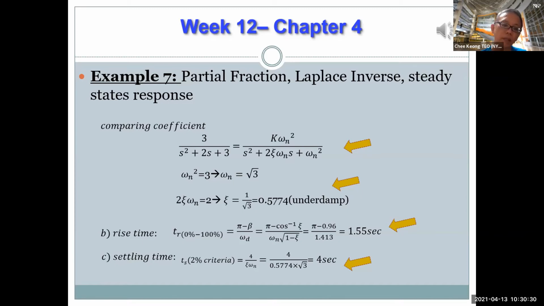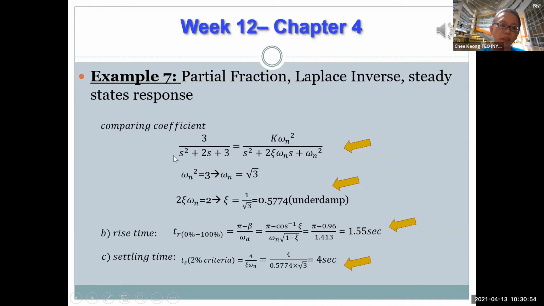In order to find zeta and omega n, first you take the closed loop transfer function and put it side by side with the generic equation and do a comparison at the denominator. Please take note, for every single term, whether it's the s squared term, s term, or the non-s term, they must be able to equate.